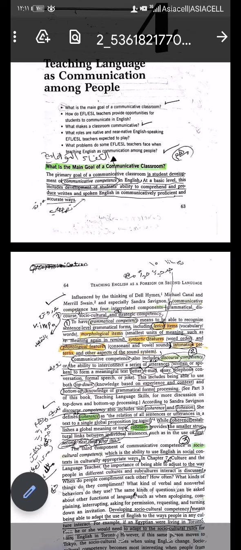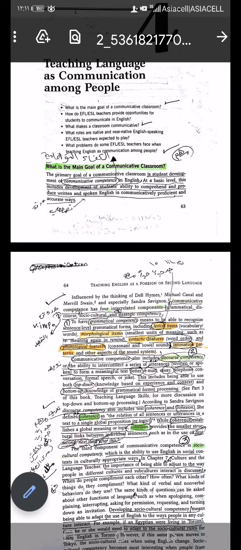Building with the blocks. And cohesion is the outcome of coherence, so the text looks like one unit.